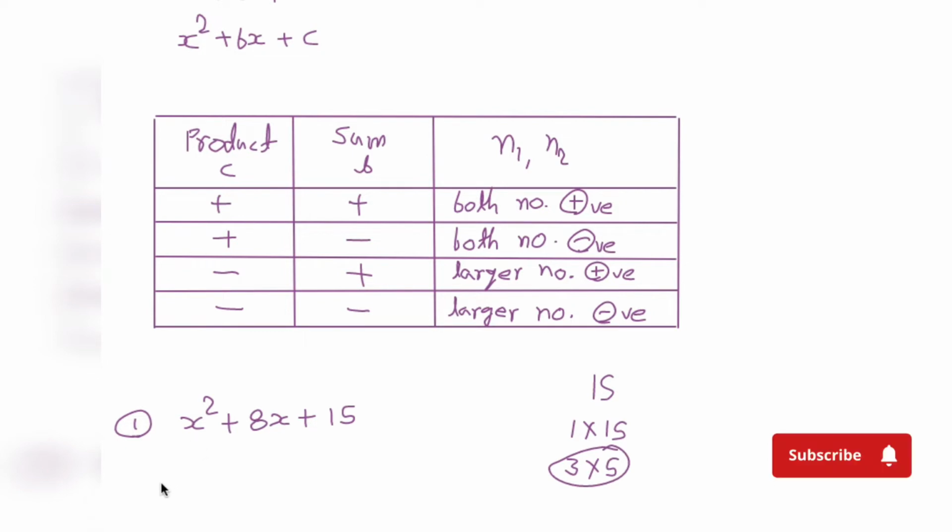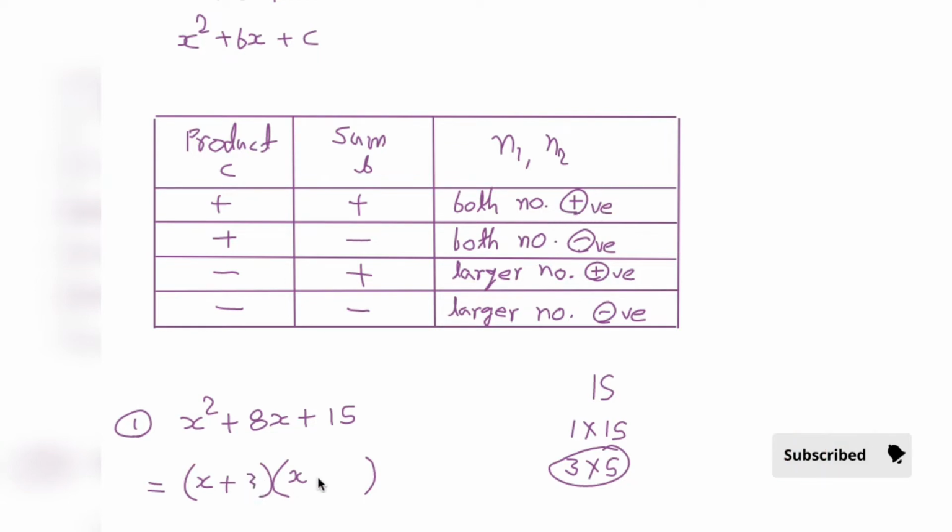Here we can write the direct answer because the a value is 1. In this type of question we can write the direct answer, no need to solve step by step. Just take two brackets, write x in each, this x being from x square, and plus 3 and plus 5 because both numbers are positive.